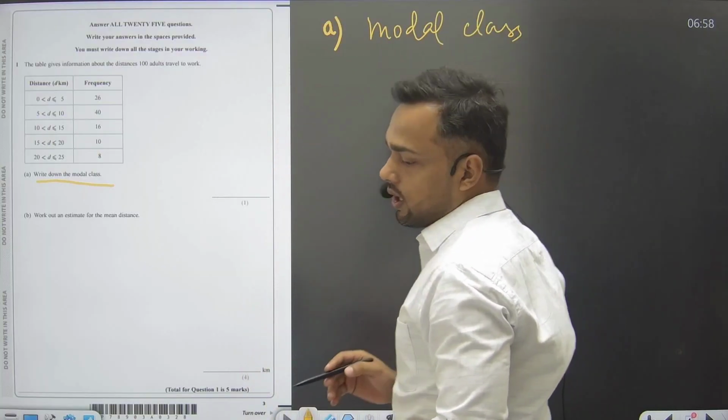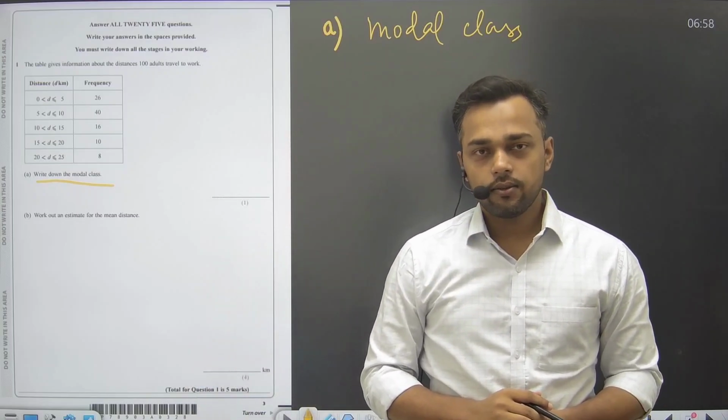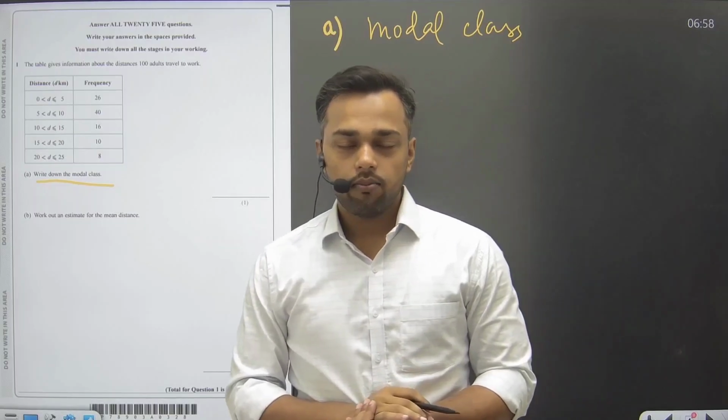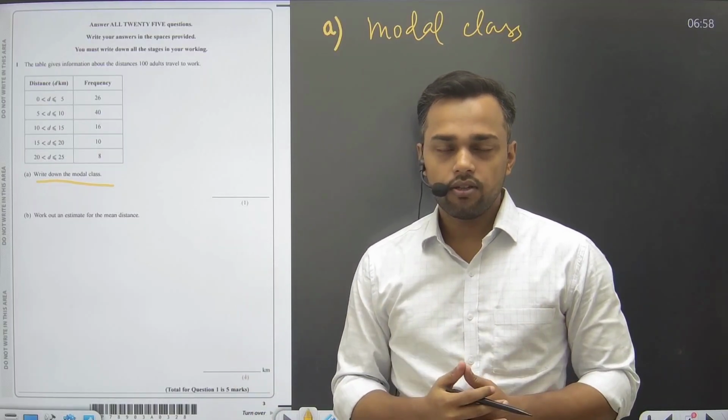what is the modal class? I have discussed in my previous videos as well that the number which occurs more times in any data is known as the mode of that data.